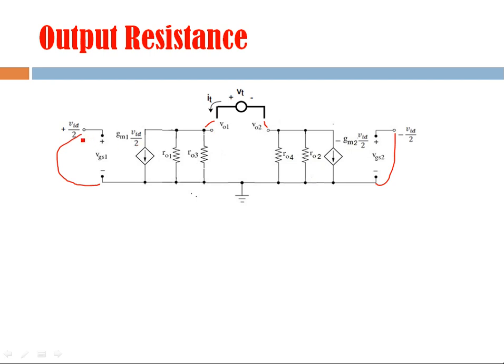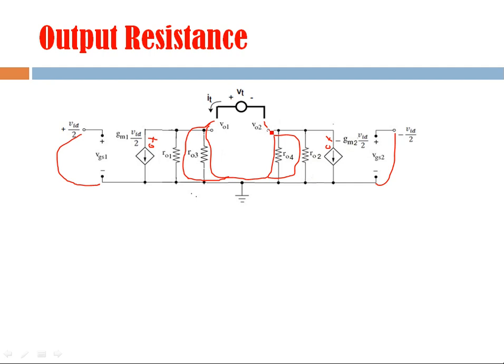Since the voltage here is 0, it's grounded, the current in this branch is 0, and the current in this branch is also 0, because here input is 0 and here also input is 0. Now the current in the circuit is flowing only because of this external source, and this current is divided into two parts, like this, and then it is going here, and then again it is dividing into two parts, and it is flowing through both these two resistances.